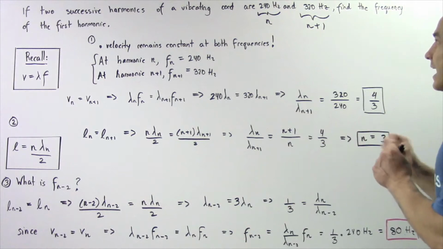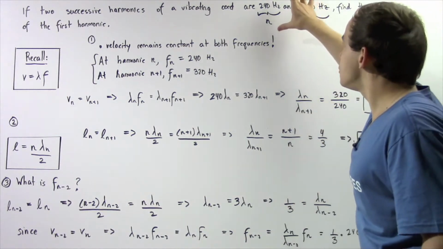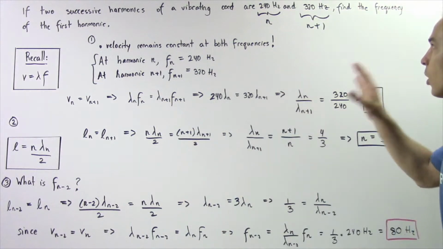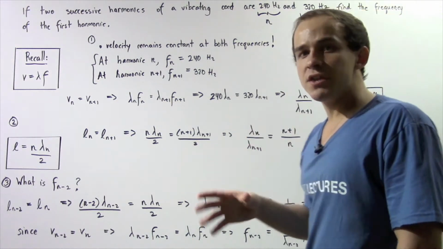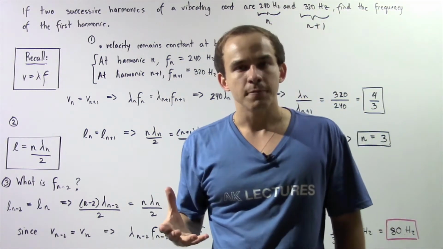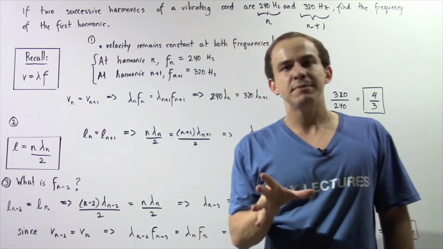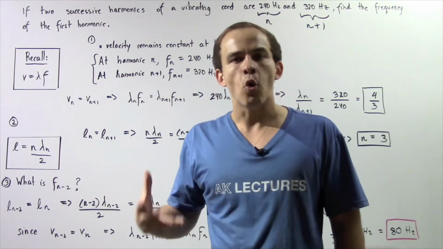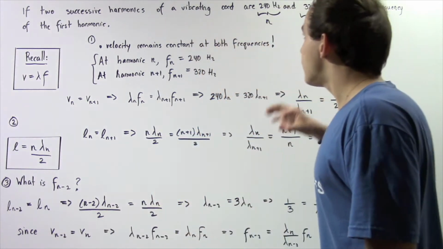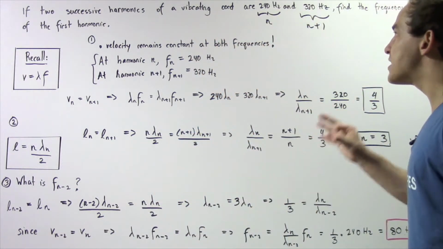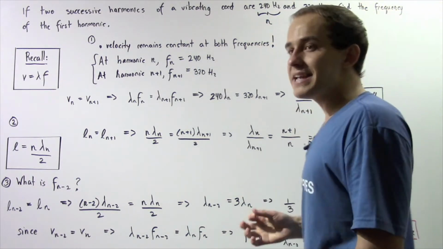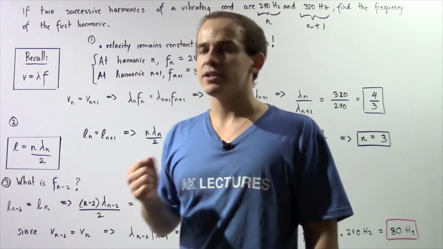Now, notice that when our frequency is 240 and when our frequency is 320, in both cases, we're using the same exact chord. And because the velocity depends on the type of chord we're using, and we assume our tension and mass per unit length is the same in both cases, our velocity is also the same.